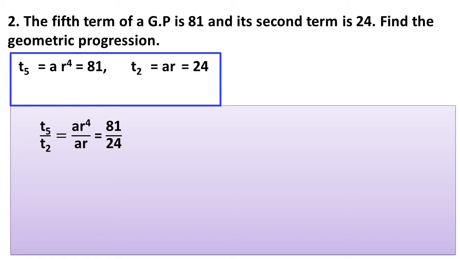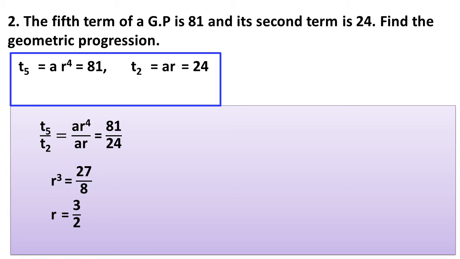The result will be R to the power of 3 is equal to 27 by 8. A gets cancelled. R to the power of 4 by R will result as R cube. Hence the value of R will be equal to 3 by 2. So this is the method which we are going to follow in GP.